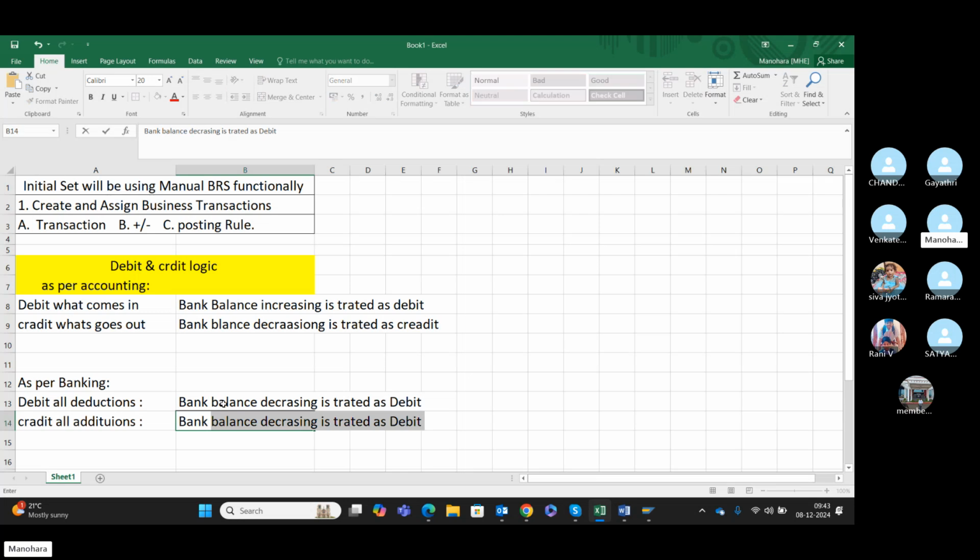Bank balance increasing is treated as credit as per banking. Is it correct? Is there any confusion here?